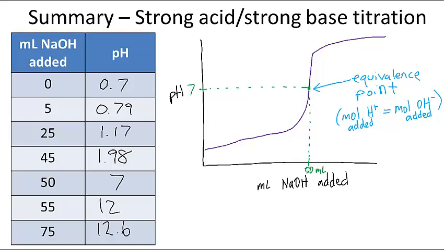So when it's a strong acid and a strong base, yeah, the pH at the equivalence point will always be 7. But if one of them is weak, then when you reach equivalent numbers of moles, the weak one is always going to lose. And so the pH won't be 7 if you're using a weak acid and a strong base, or a weak base and a strong acid. One side will win.